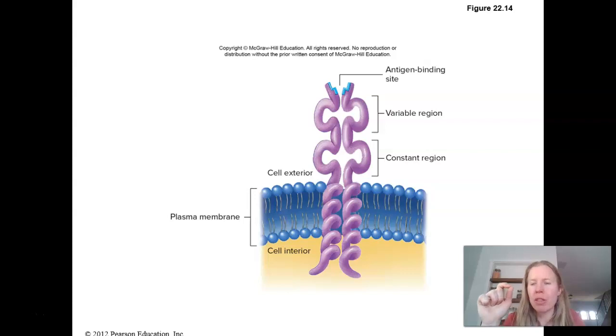Now, the production of this protein, like every other, right, antigen receptor is a protein, the production of this protein is regulated by DNA. So what you end up doing during development is you have multiple segments of DNA that help code for these receptor sites. But what you end up doing is randomly grabbing a piece from here, here, and here, and that makes one shape. And then you grab from here, here, and here, and make a slightly different shape.